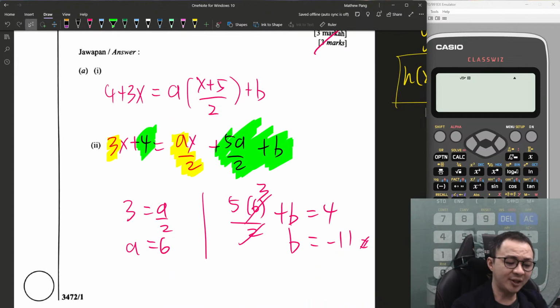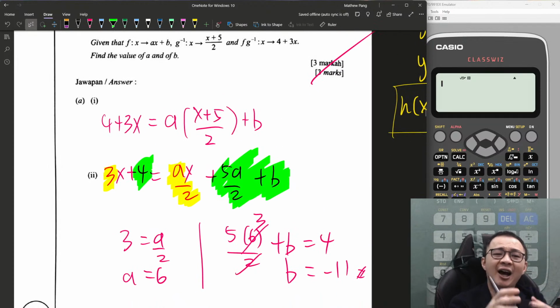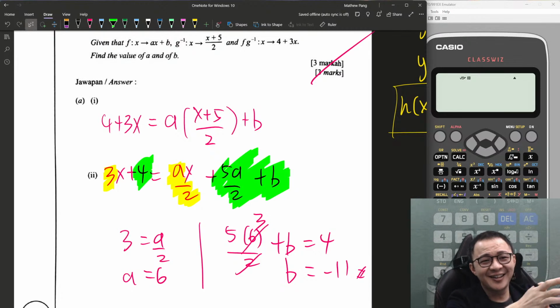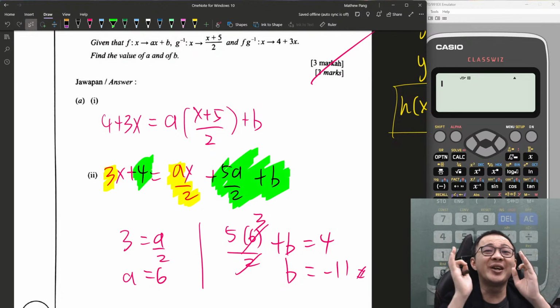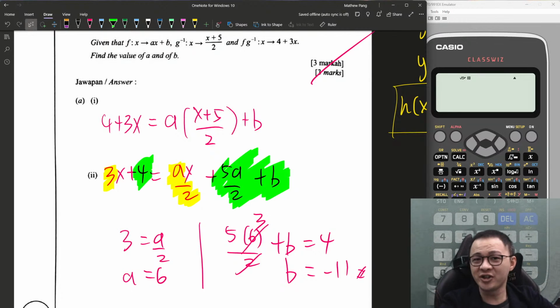Same thing, doing comparing. So you can see how I always do the comparing. I will find similar terms for both sides. One side is with x, and then I will just separate them into the x terms and the number only. When I say constant, I mean those terms without x. I don't care if you have a, b, c, d, e, f, g; as long as you are without x, I will put them as a constant.